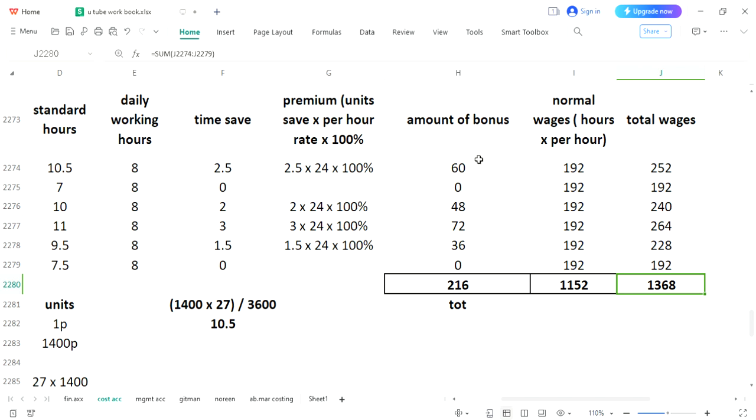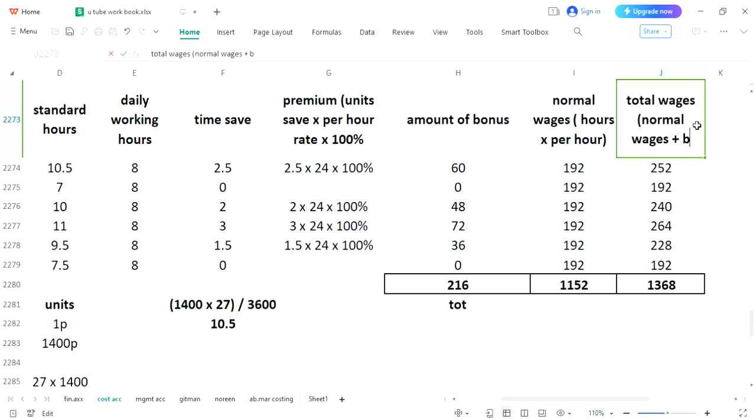This column represents the amount of bonus, this column represents normal wages, this column represents total wages. How have we calculated total wages? We simply add normal wages and bonus.